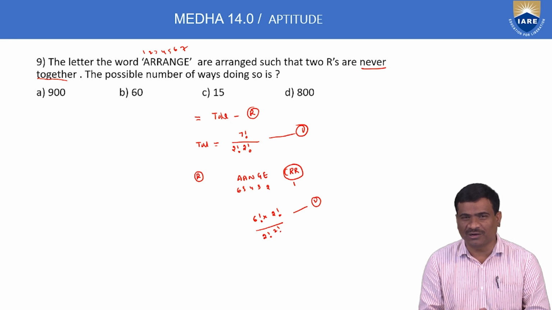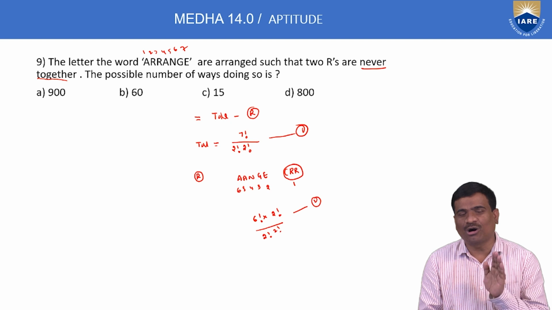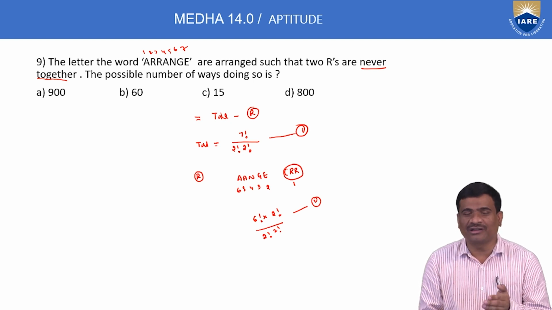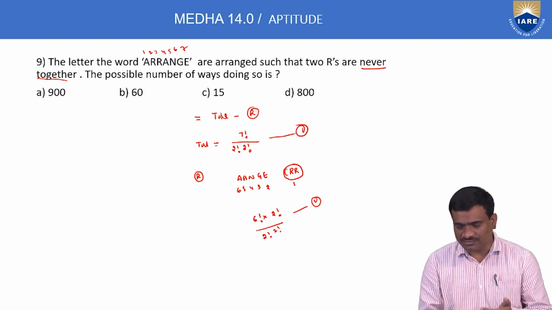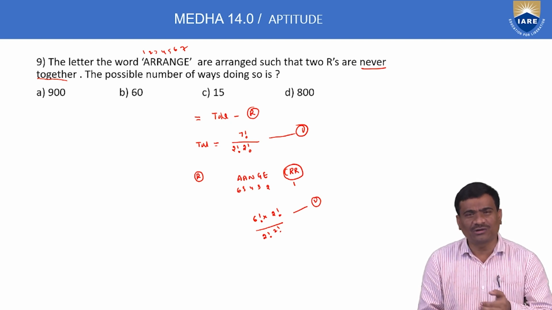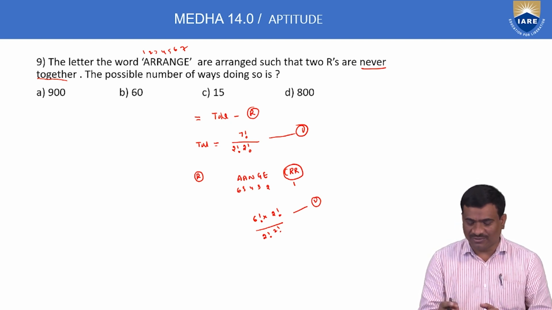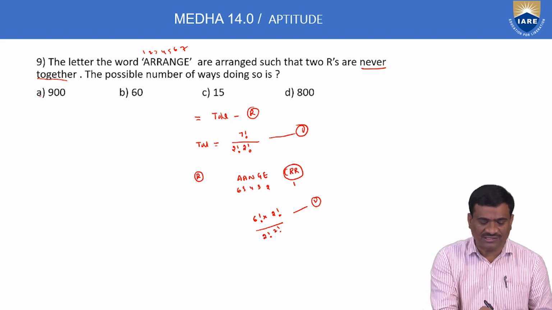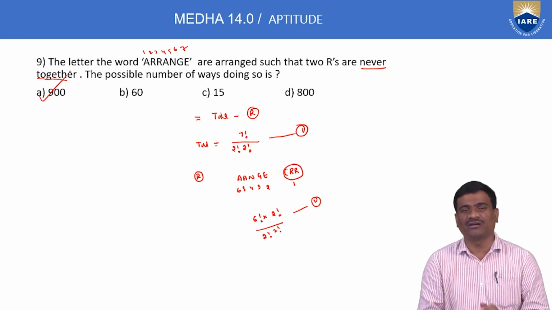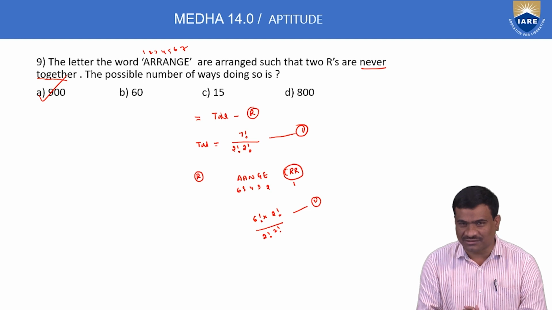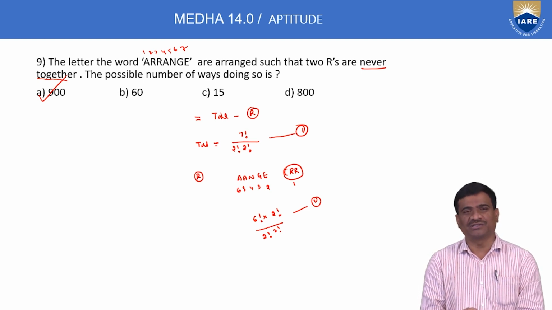In denominator, always write repetition of letters in ARRANGE. Then equation 1 minus 2 is equal to 900. Option A only correct. This is about permutations concept.